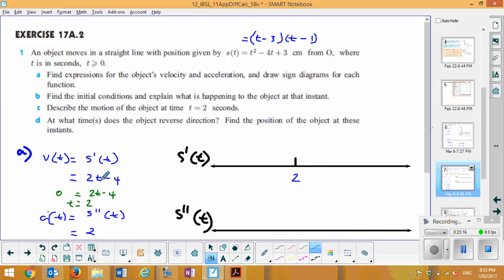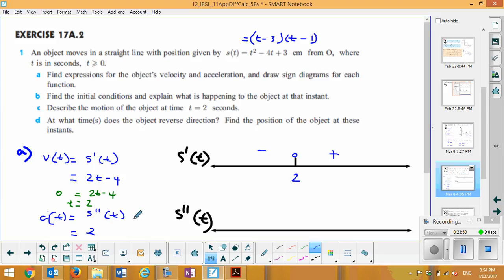It's a positive gradient, y equals mx plus b, so it's going upwards, rising up. So this side is positive, that side is negative, because that's our 0 at 2. So our particle has a negative velocity, then it has 0, it's stopping and turning around, then it has a positive velocity. Remember, negative velocity means it's moving to the left. So it's moving to the left, stopping, turning around, moving to the right.